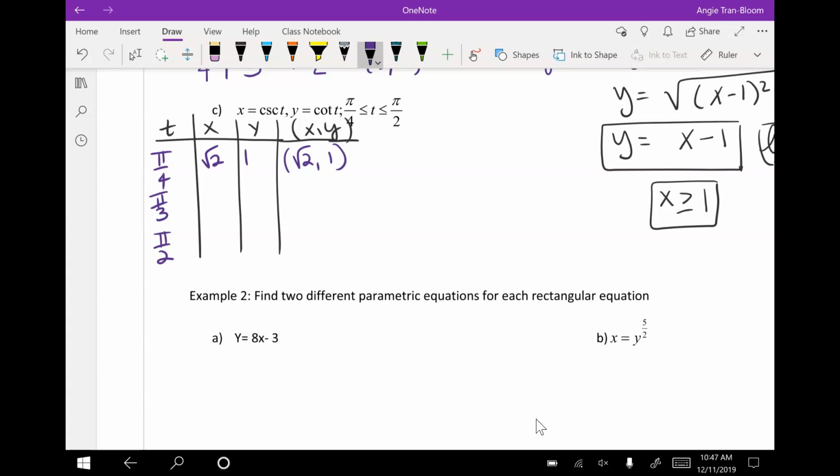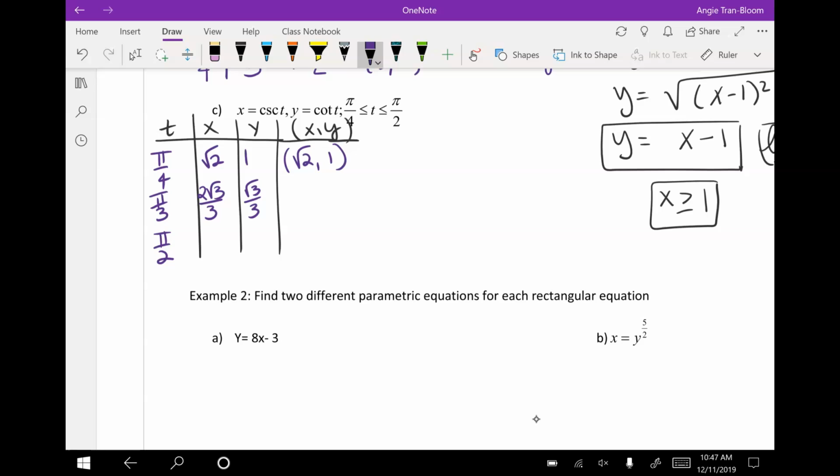Yes or no? Yeah, okay. So 2 rad 3 over 3. Cotangent of pi over 3. Rad 3 over 3? Yeah, thank you.